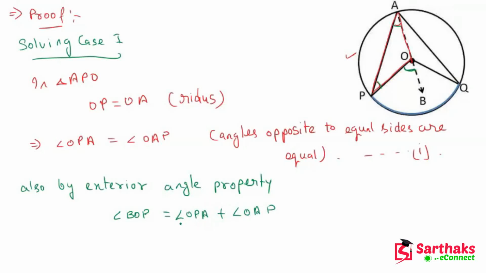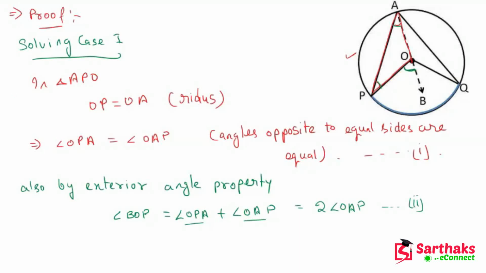And since these two angles are equal, angle BOP is equal to twice of angle OAP, which is equation number 2. I hope you understand these things.